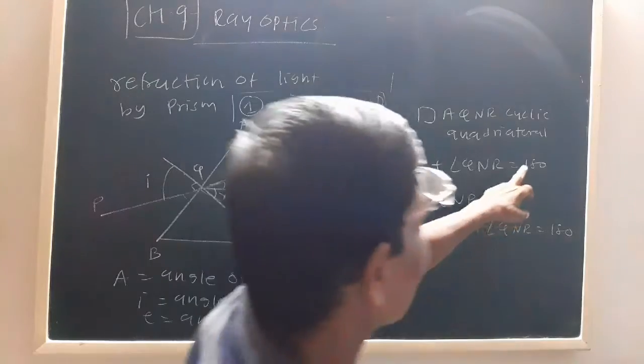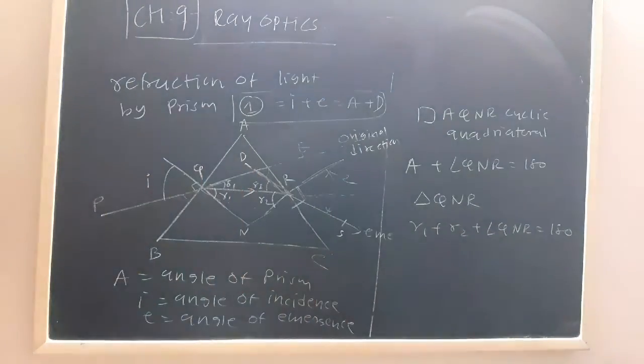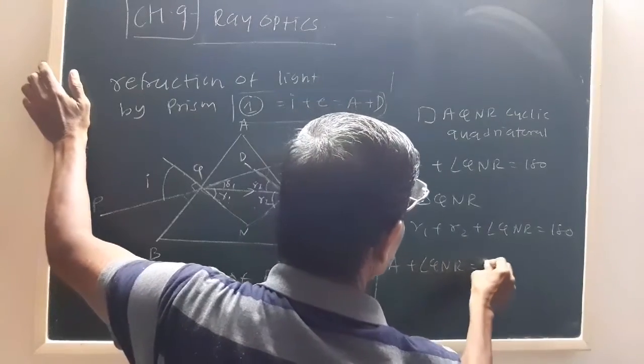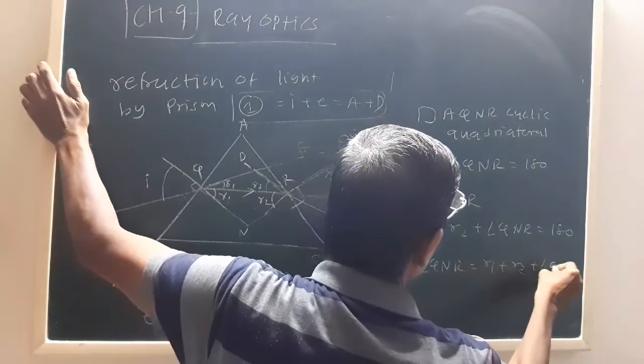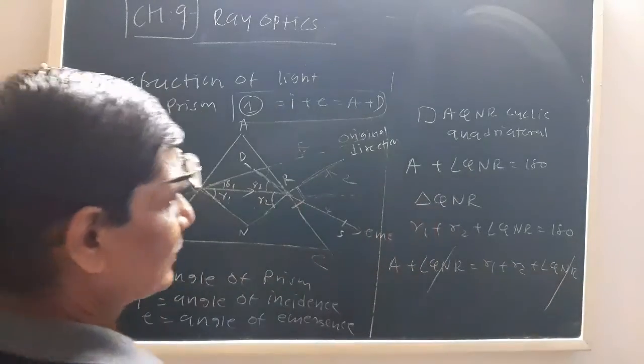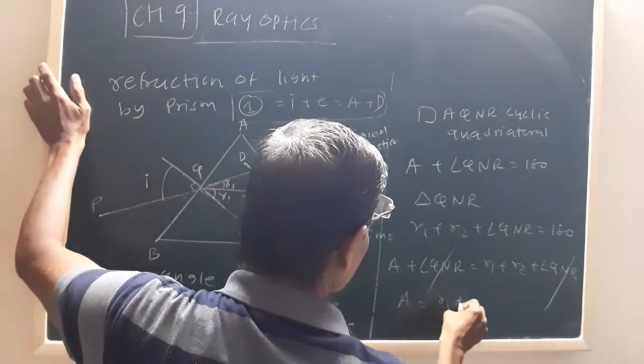Now both right hand sides represent 180 degrees. So we can write A plus angle QNR is equal to R1 plus R2 plus angle QNR. We can easily cancel this, so A is equal to R1 plus R2.